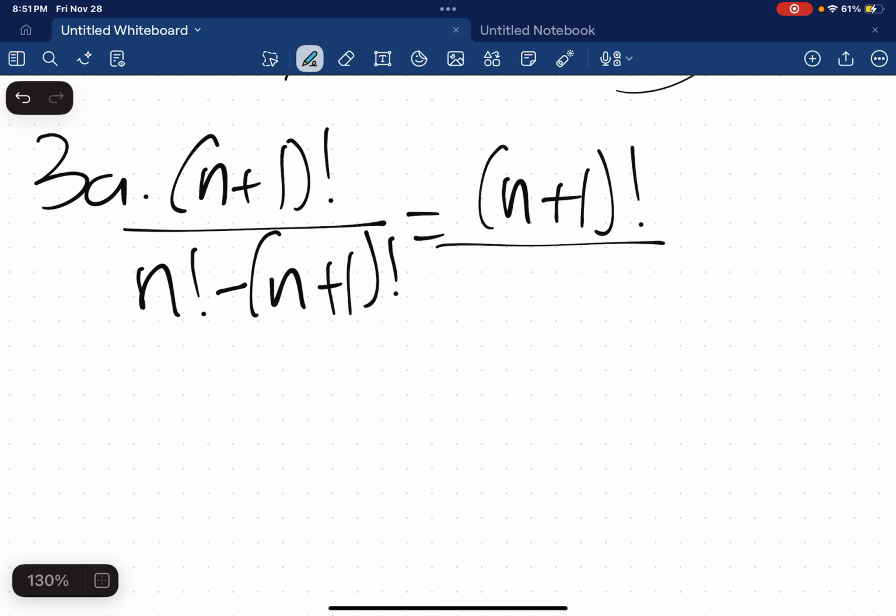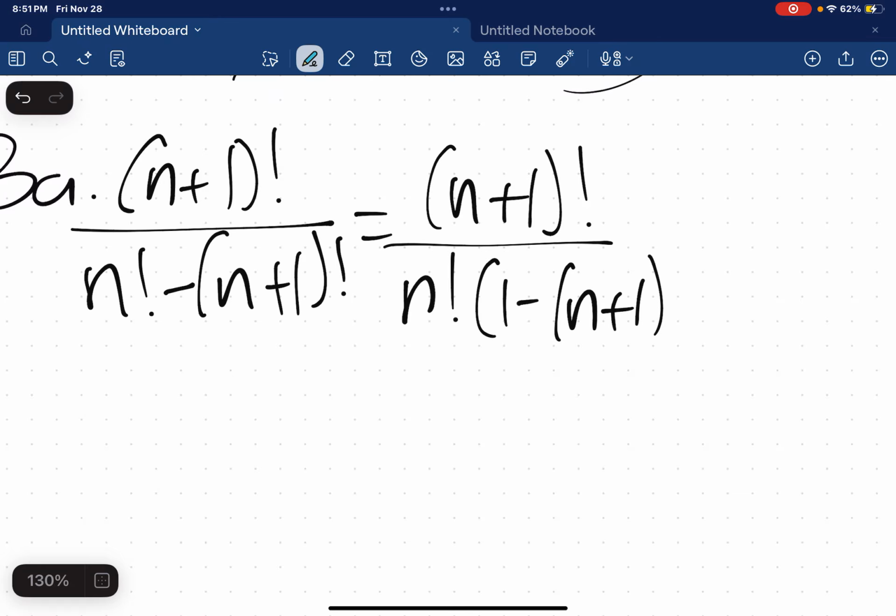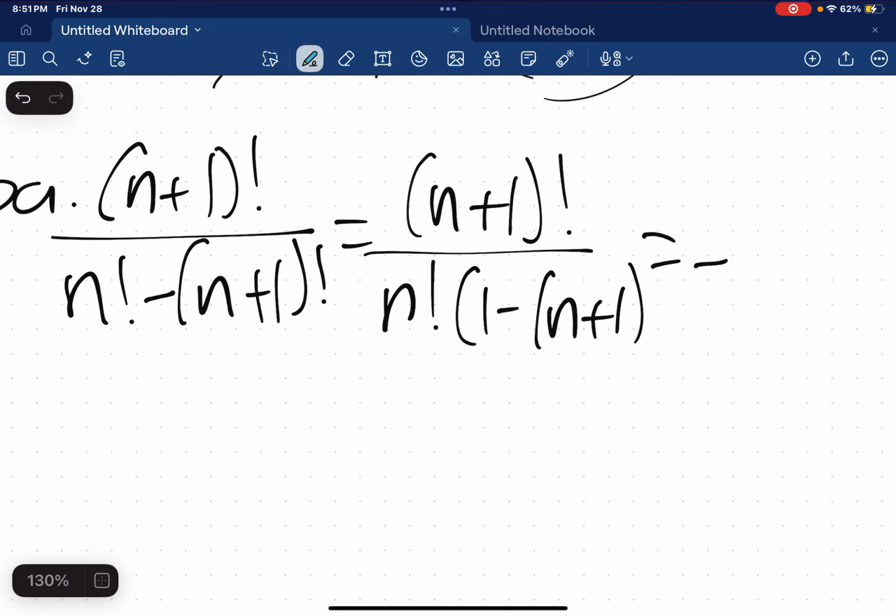However, our denominator is just going to be equal to n factorial times 1 to get that n factorial, minus n plus 1 to get that negative n plus 1 factorial. And once we cancel out terms, we'll end up just getting n plus 1 over n.